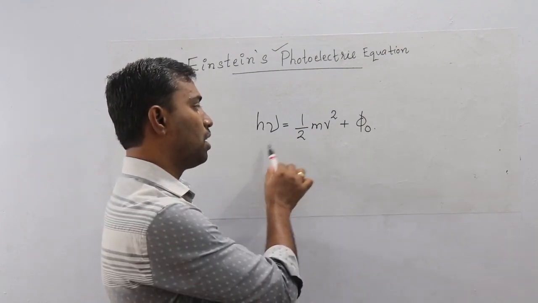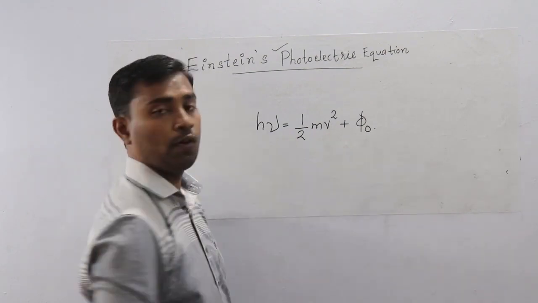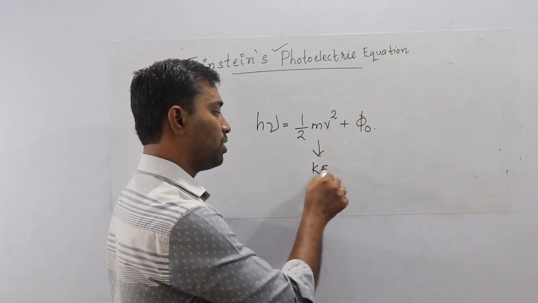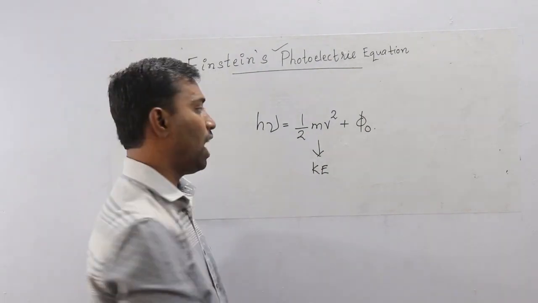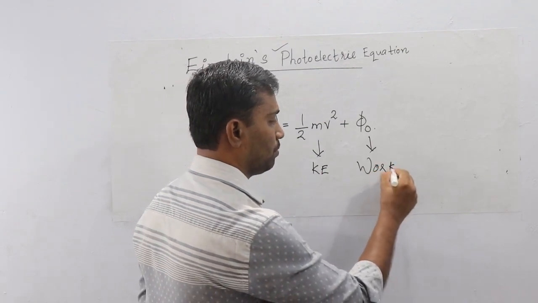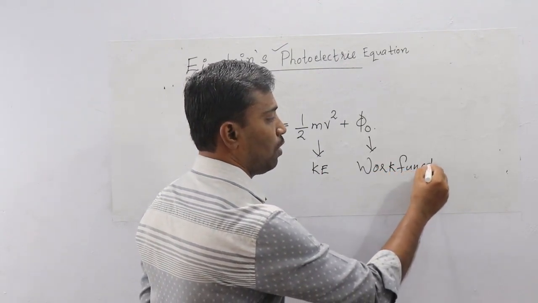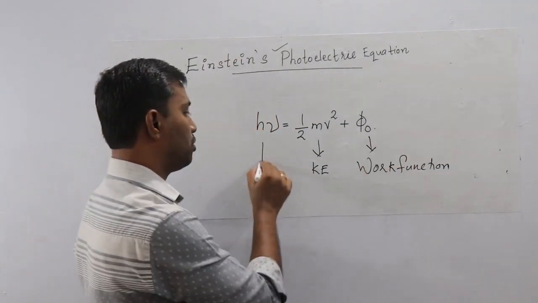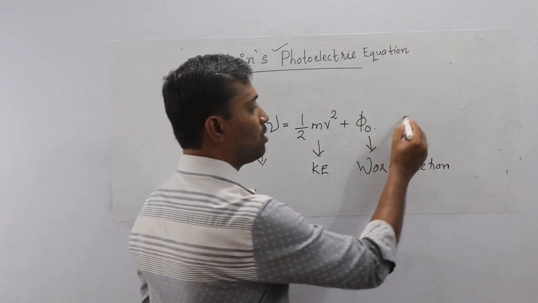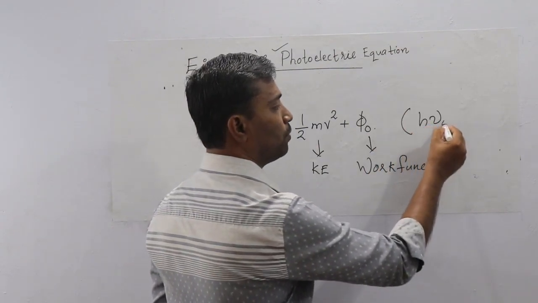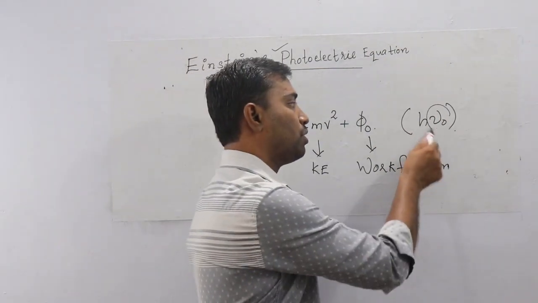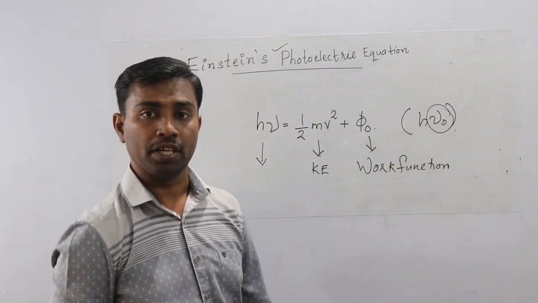Here half m v square is the kinetic energy of the emitted electron, phi 0 is the work function, and h nu is the energy of the incident photon. We know that phi 0 is equal to h nu 0, where nu 0 is called the threshold frequency.